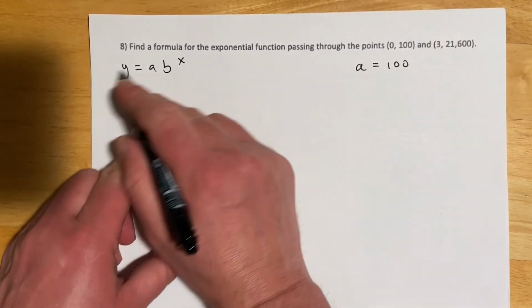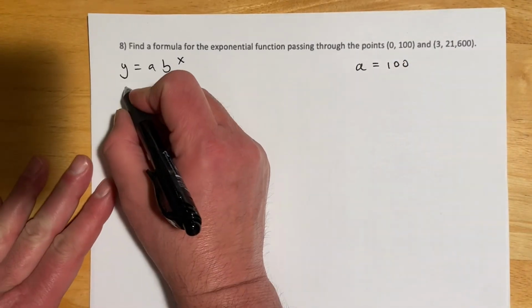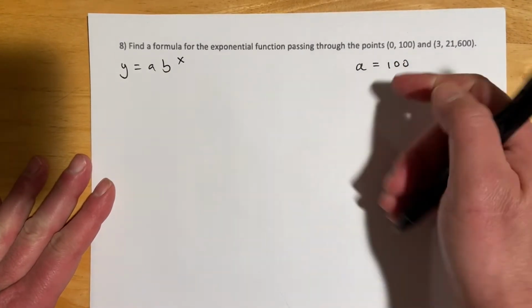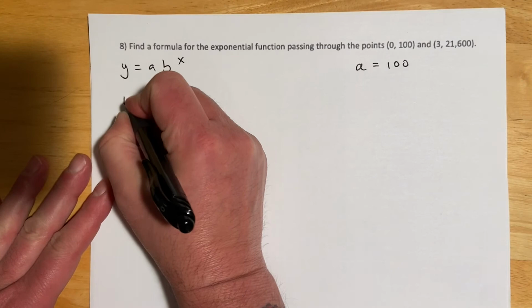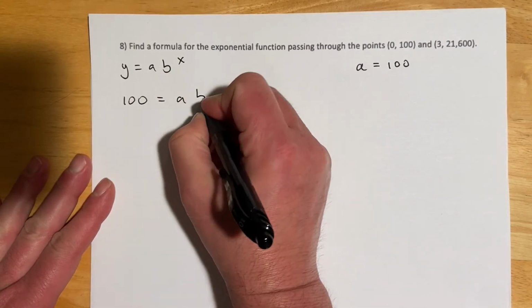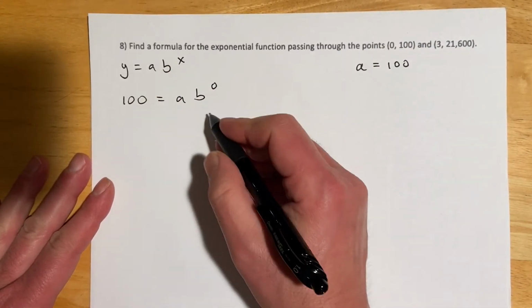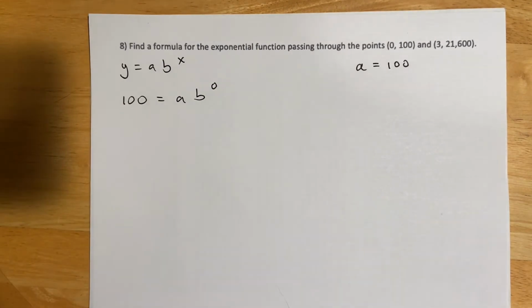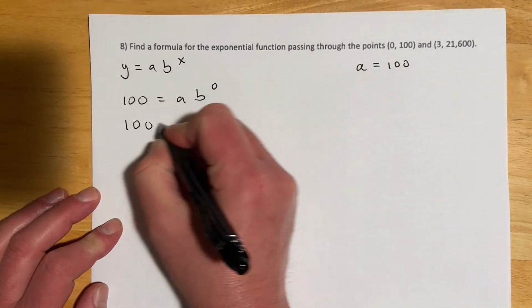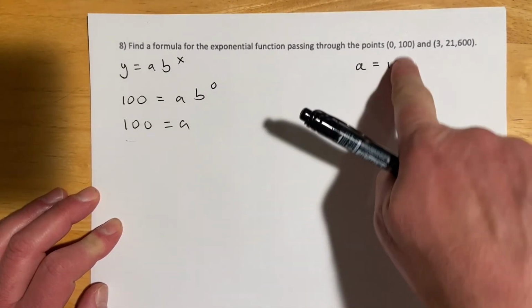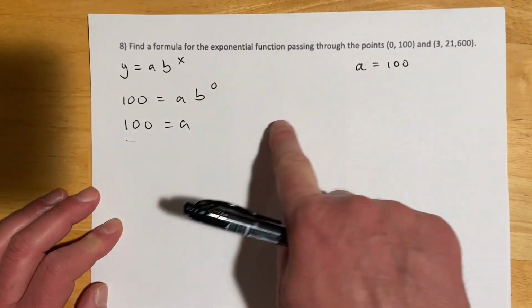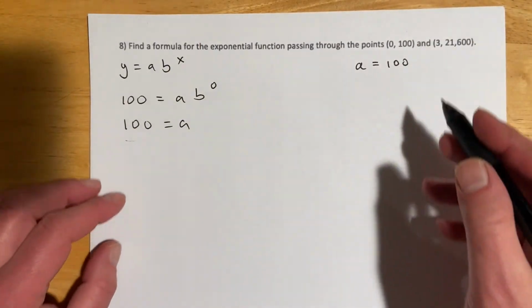And you can see, just to show it one more time, if I solve for y is 100 equals ab when x is 0. B to the 0 is 1. And so that's just showing that a is 100. We don't have to go through all that, but that's why that worked.